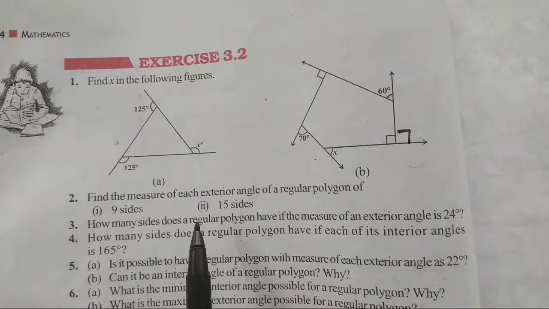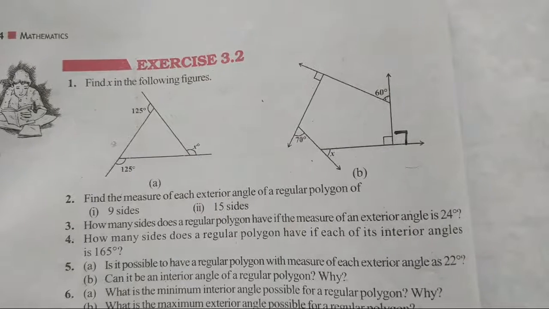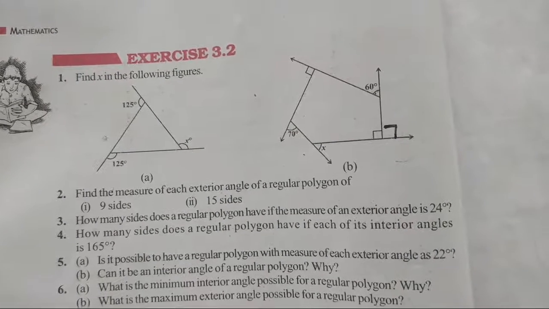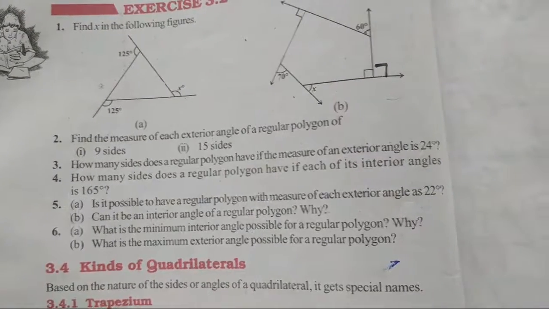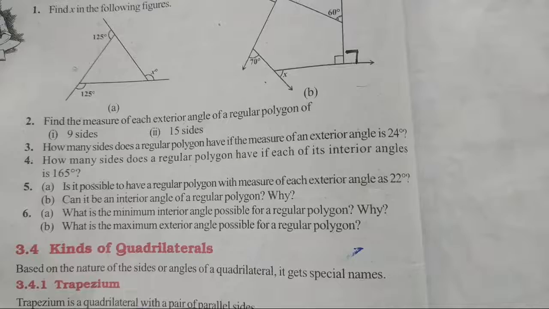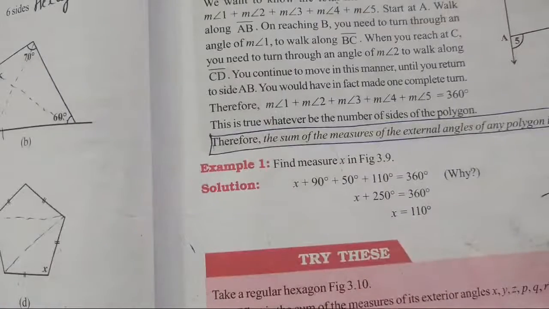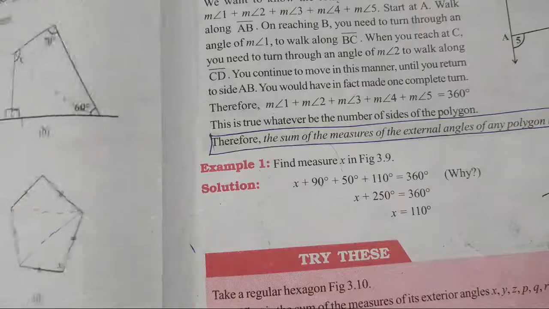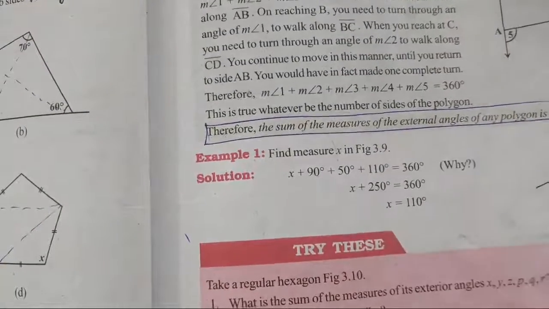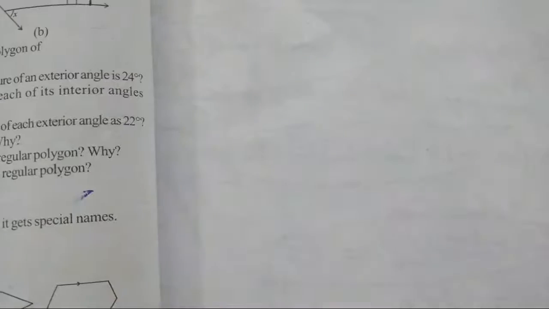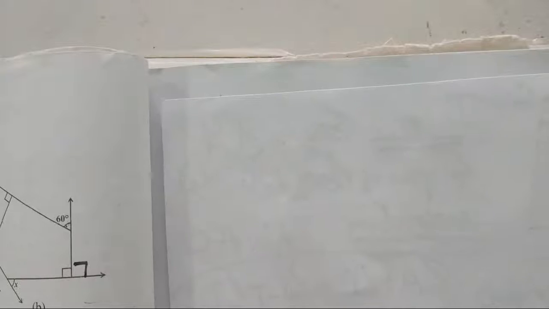Now find the measure of each exterior angle of a regular polygon of 9 sides. So what is the measure of each exterior angle of a regular polygon of 9 sides? Now this is based on a property which is given at the end of this exercise, that whenever we have to find the exterior angle or the number of sides, then we divide the 360.